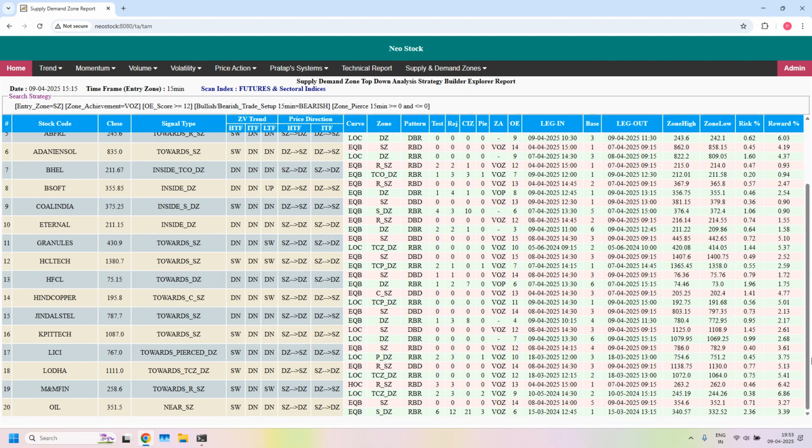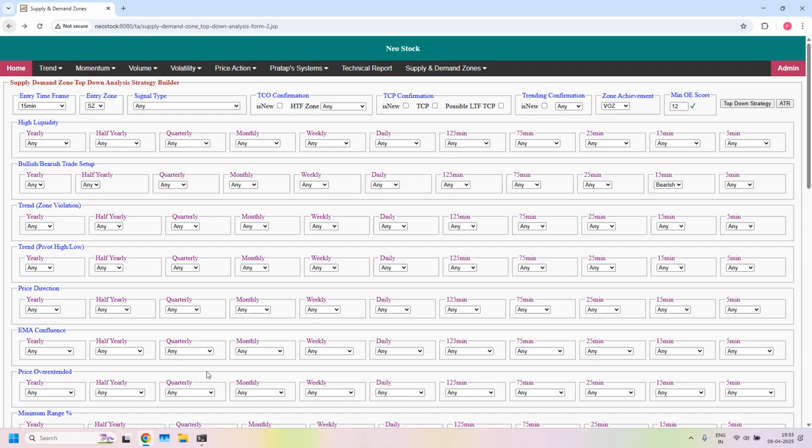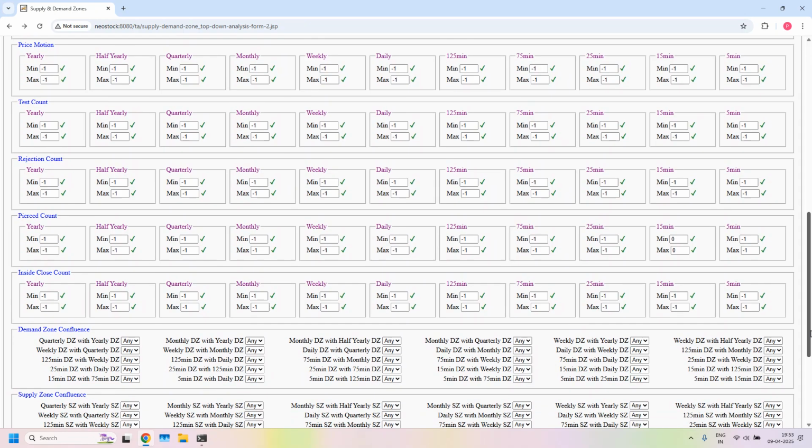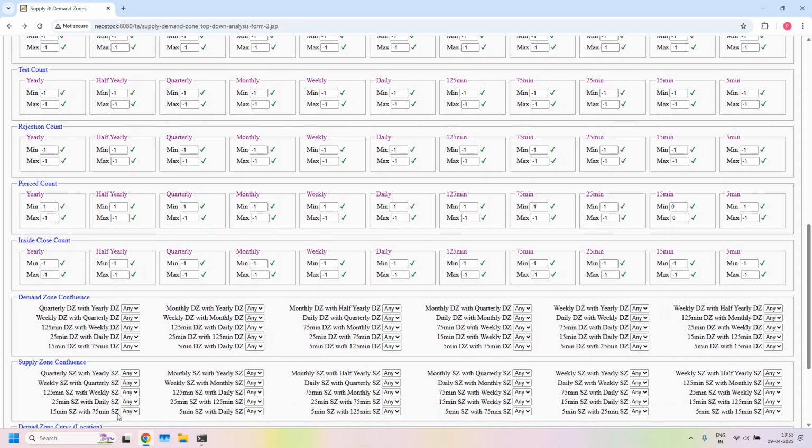Okay, out of these 20 15 minute supply zones, how many are having even more high probability to get success? That we will filter based on the zone confluence. First filter is LTF and ITF supply zone confluence, that is 15 minutes and 75 minutes supply zone confluence.